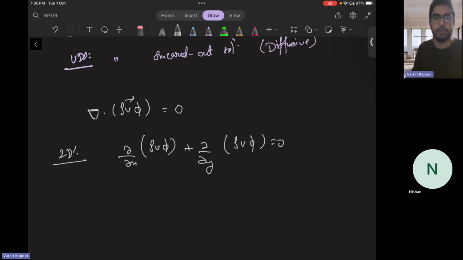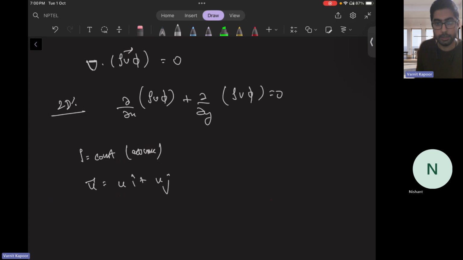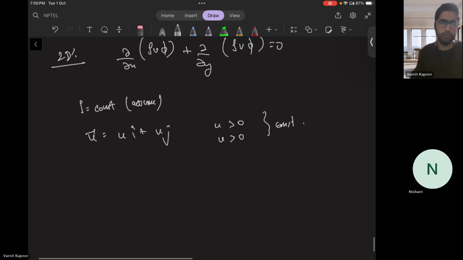And you assume that rho is constant, and the velocity is given as u i hat plus v j hat, where both u and v are greater than 0 and are constant values. Now you will apply the FVM scheme for discretization.